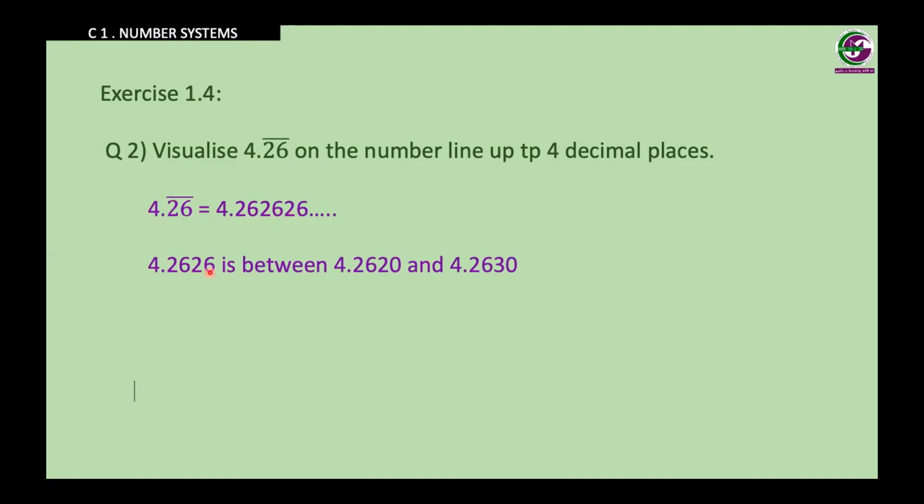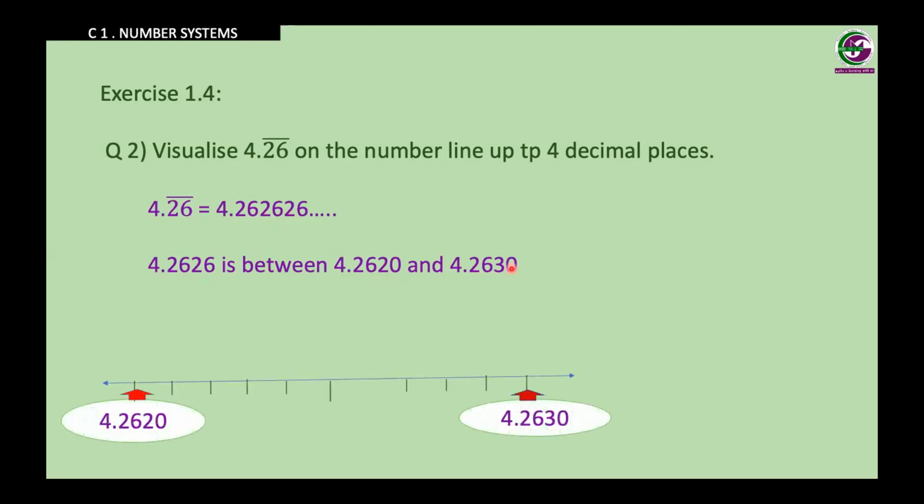So you know that 4.2626 we can consider as between 20 and 30, so 2620 and 2630. It is between 4.2620 and 4.2630. Let us see how to mark it on a number line. The number line starts from 4.2620 and ends at 4.2630.